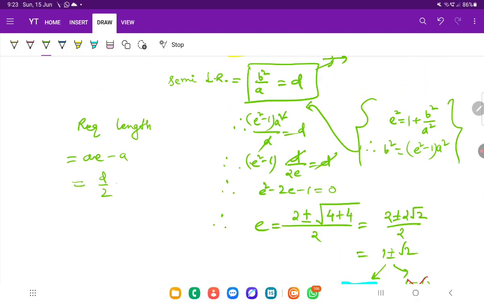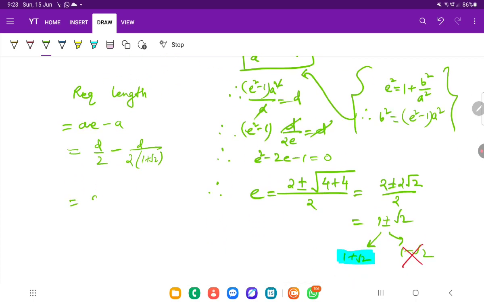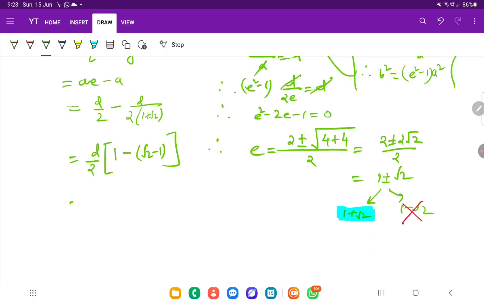So now we can easily substitute the value of a in terms of d. a was d upon 2e from this equation, right? So we'll write this as d upon 2 into (1 plus root 2). Let me take d by 2 common. So this will be root 2 minus 1. I have just rationalized by multiplying numerator and denominator by root 2 minus 1.